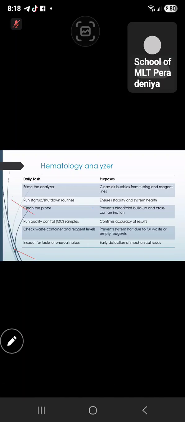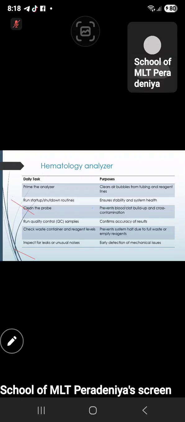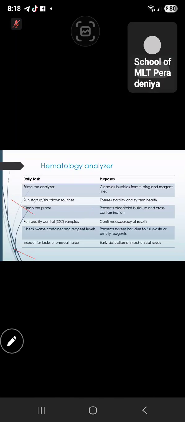So we have to check these things to protect the system. We have to remove the waste and fill the reagent. And we have to check for any unusual noises or any leaks.